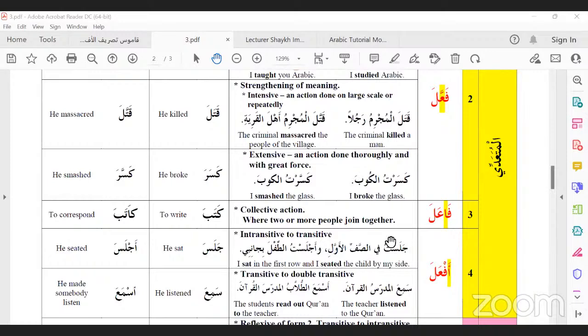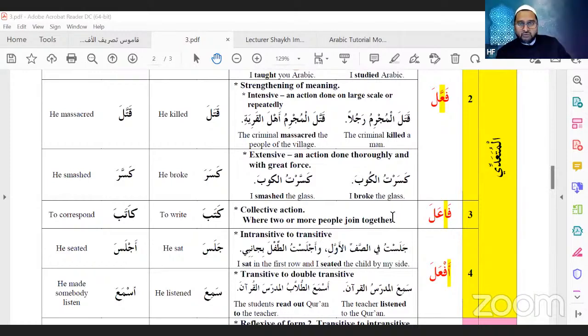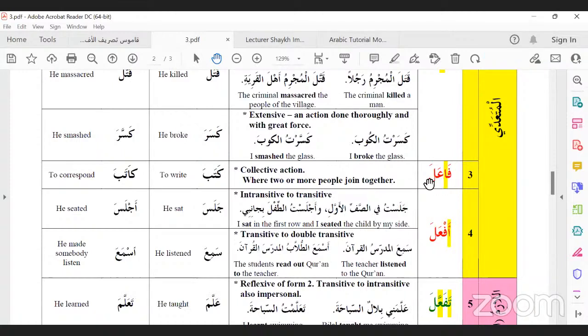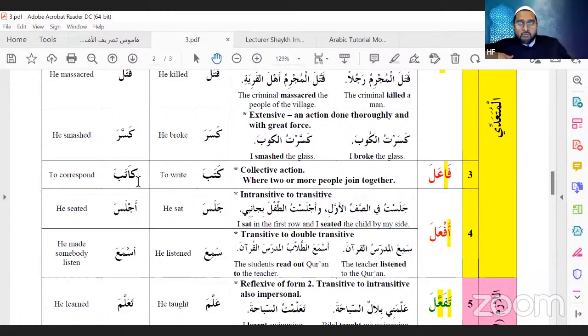I'll be reading the Jalast of his Safi. So what I'm going to do first, there's no fa'ala, let's do fa'ala, and then we will move to number 4 after that. So fa'ala: collective action where 2 or more people join together. For example, kataba, to write; mukataba, to correspond. Or haraba, war, and haraba yuharibu means combat, like two people who combat each other.